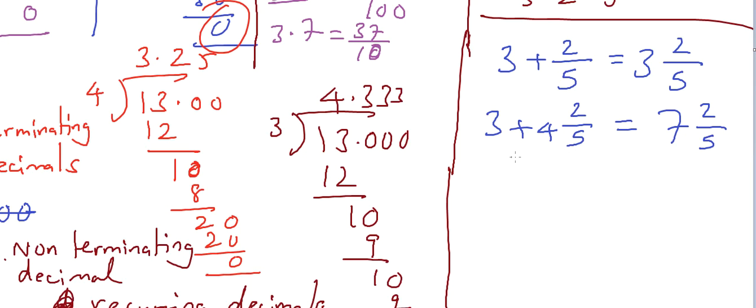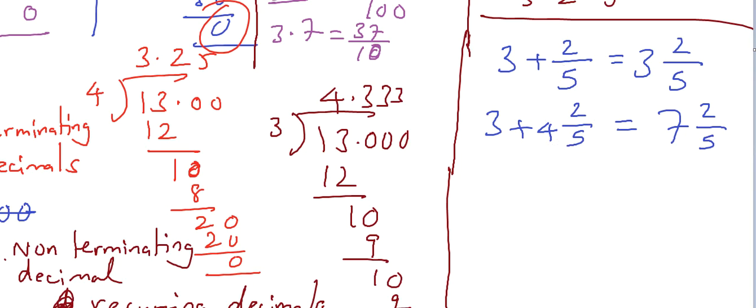Actually, it's a long way if you convert to improper fractions, take the LCM and add. Because if there is only one proper fraction or mixed fraction, then it can easily be added like this.